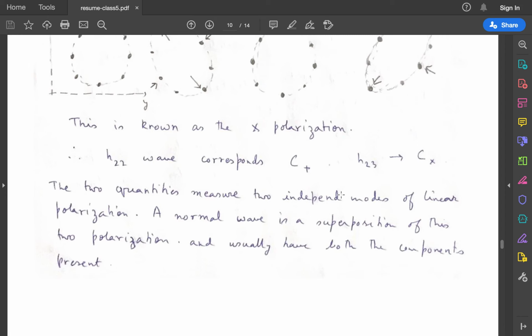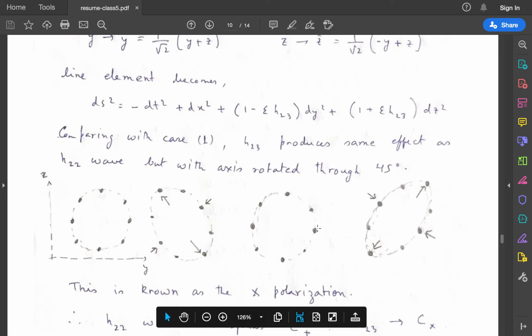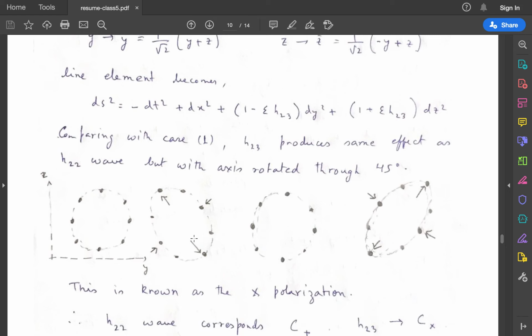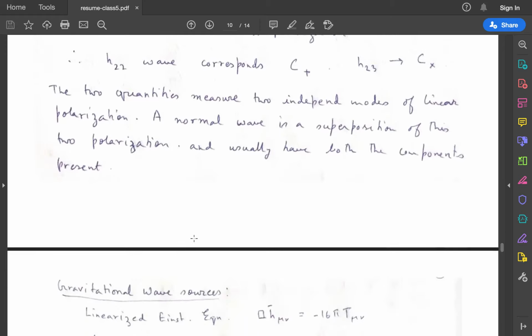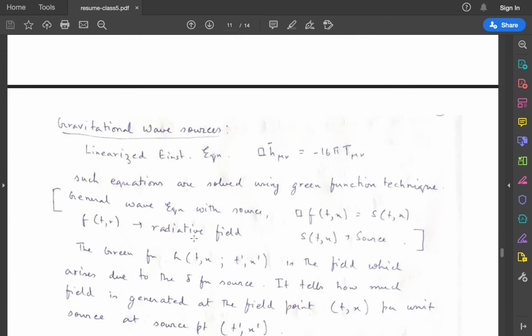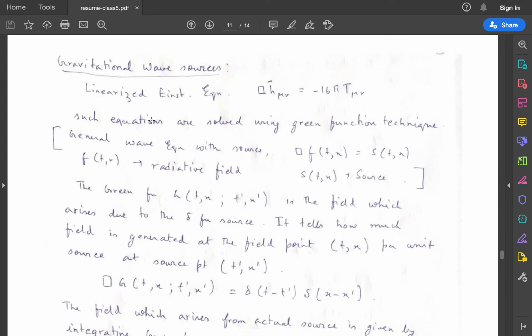We will have a mixture of the two, and a different kind of motion, but still of a pulsating form. This is how a gravitational wave affects particles lying perpendicular to it.